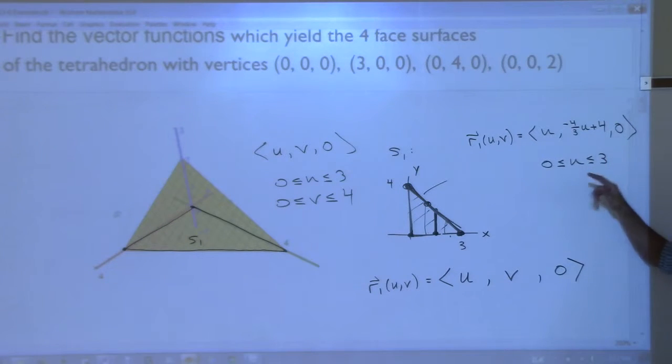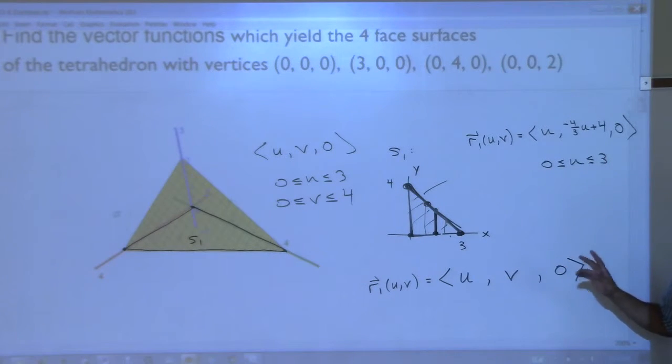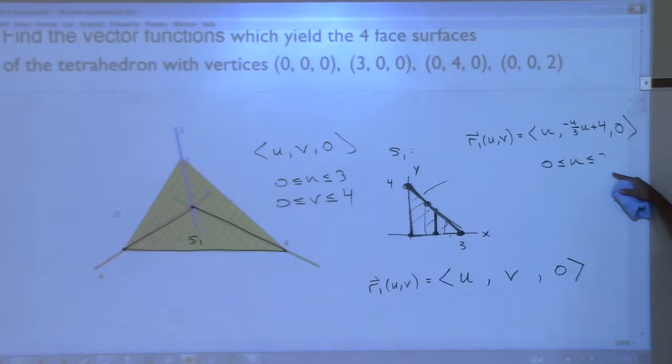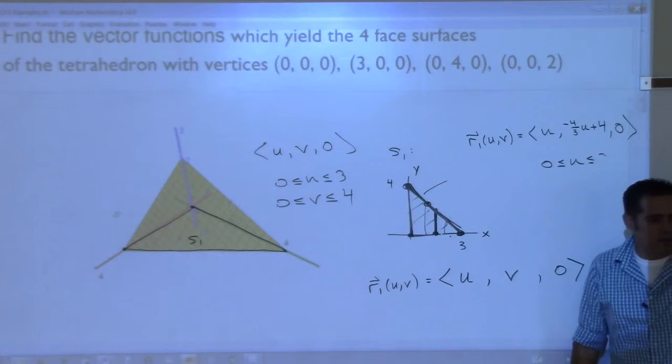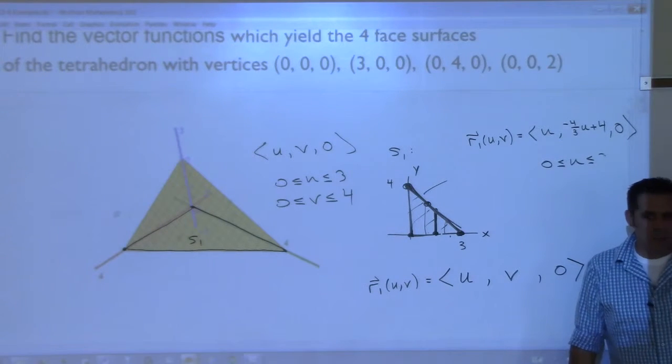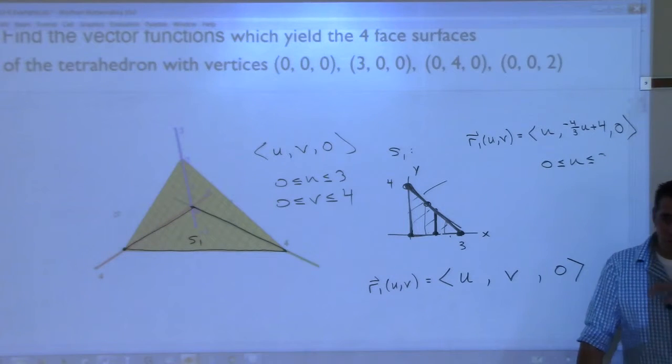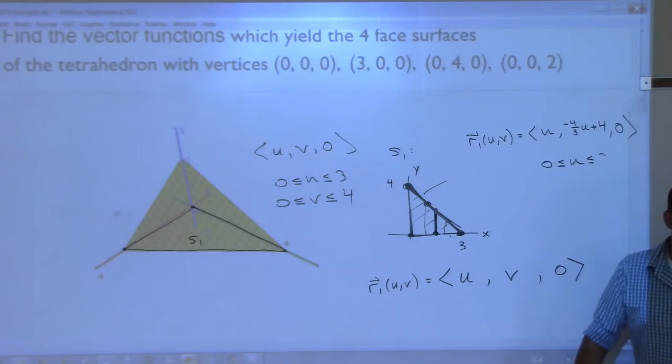And then we did it this way, which just draws you the line. So you just have to be real careful. Make sure you understand what your vector function is drawing. I should already know that this is drawing me a line, because this vector function is a function of one variable, so this may as well be like r of t. And r of t draws lines or curves.